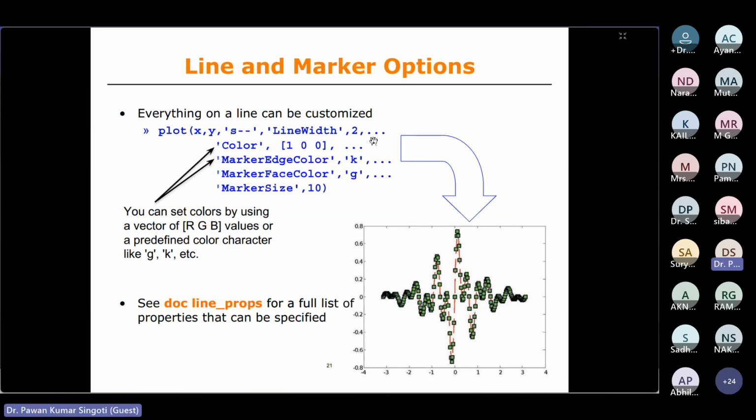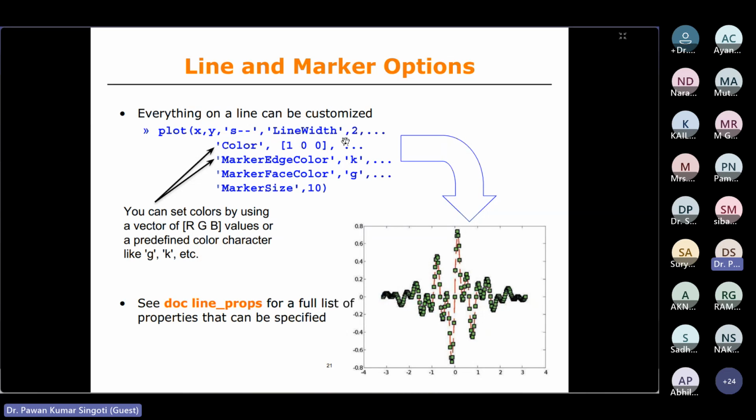Everything on a line can be customized. You can change it on the figure itself, or by command. You can see here plot x comma y, where x and y are the vectors, and x dash dash is the style of your plot.